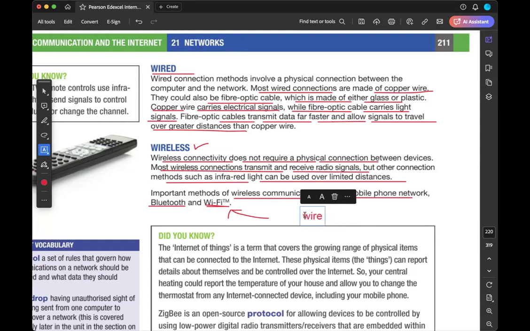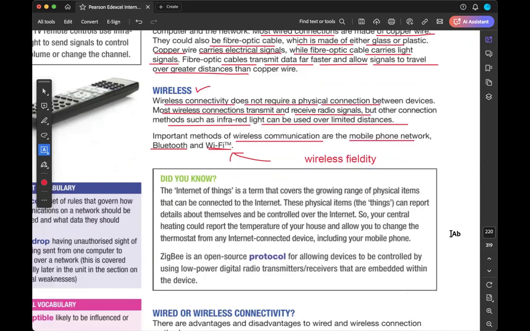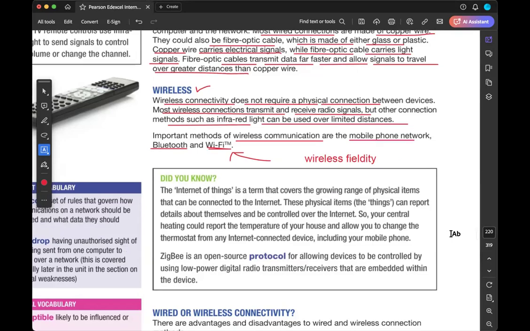Fidelity means a specific range; field means an area, right? So once you walk away from your home, you will see in your phone the signals are dropping, and at some particular distance, Wi-Fi is gone, and you come to know, oh, Wi-Fi stopped working, my signals are not here. So this is the thing.